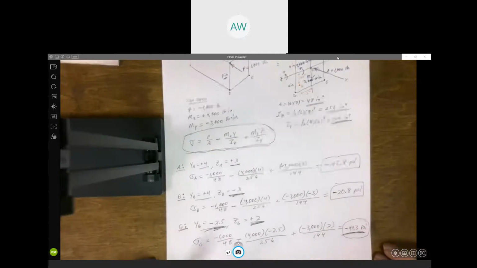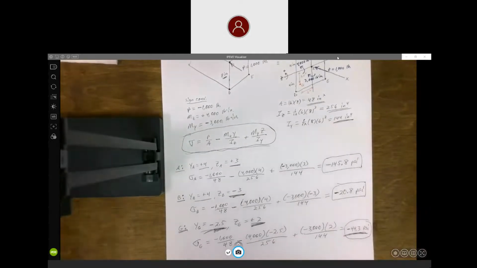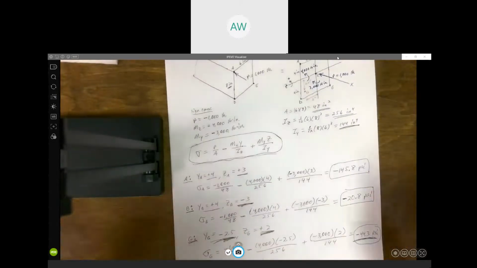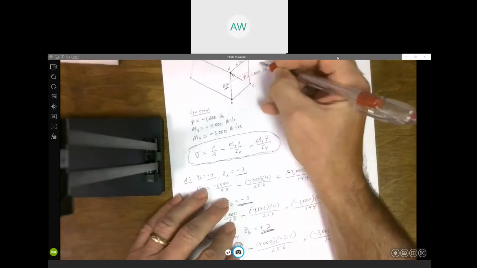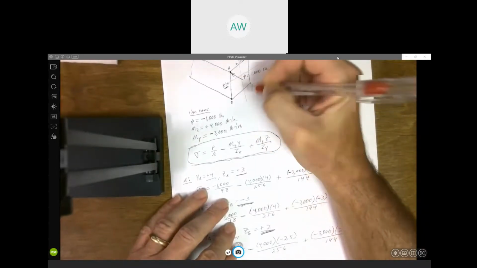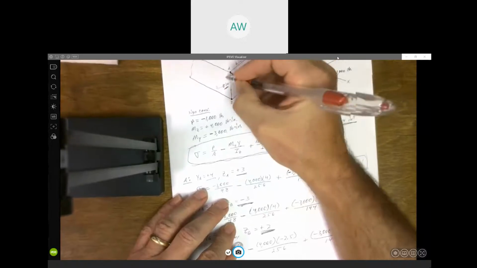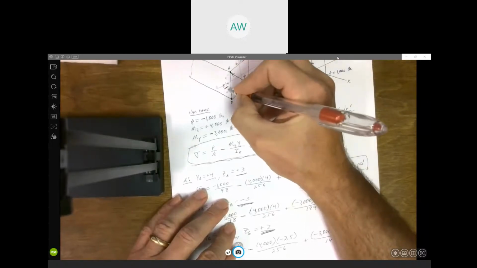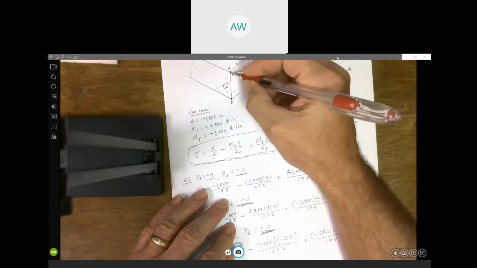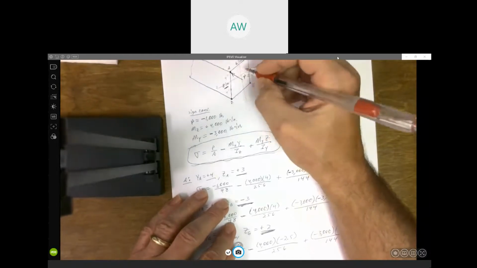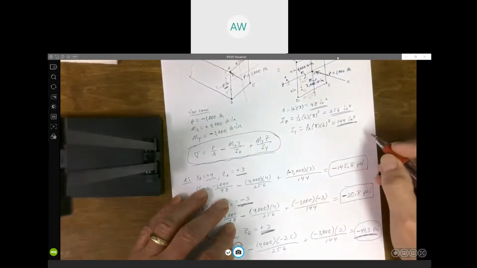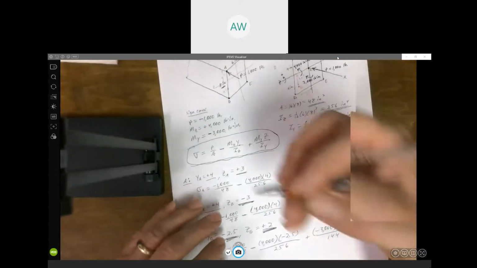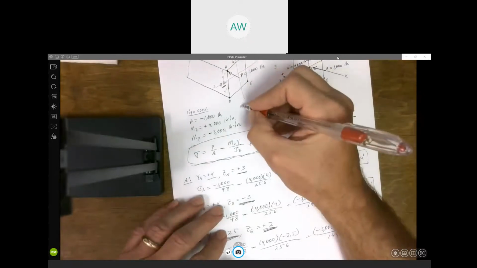Could you explain how you got the moment about Z and Y again? All right. Here's Z. This is 4 inches. This is 4 inches. So the moment that this force causes about the Z-axis is this force times that distance away from the Z-axis.